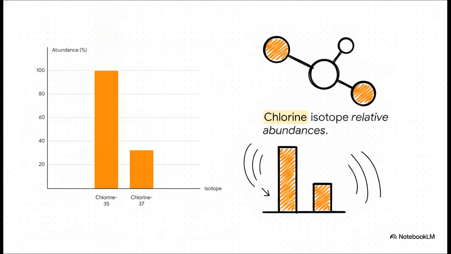It naturally exists in a roughly 3-to-1 ratio between its lighter isotope, chlorine-35, and its heavier isotope, chlorine-37. If your mystery molecule contains just a single chlorine atom, your mass spectrum will show your main peak and then another peak 2 mass units higher that is exactly 1/3 the height. It leaves a very distinct, unavoidable fingerprint on any molecule it attaches itself to.